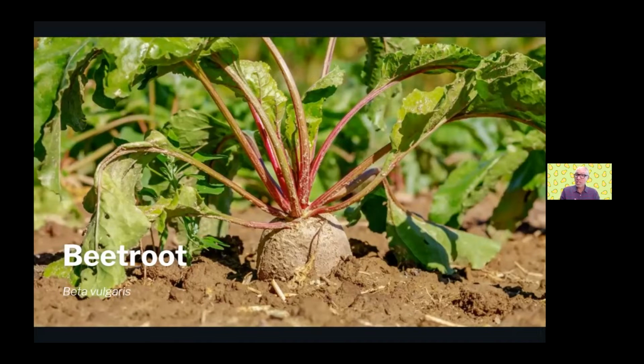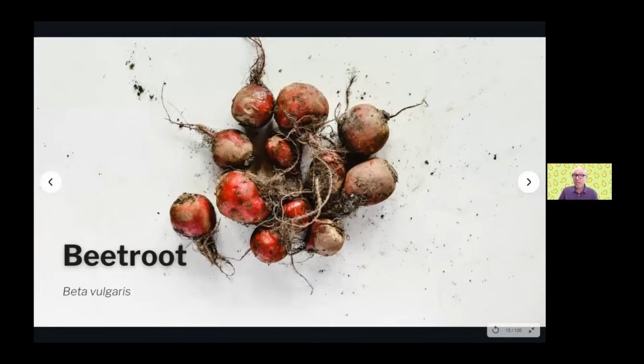Another root, since we're looking at the root systems, is the beetroot, another storage root. And beetroot is also not related to carrots, not related to radishes, in its own complete family, but with the same life cycle of storing up energy one year and using that energy the following year to carry out its reproductive cycle.